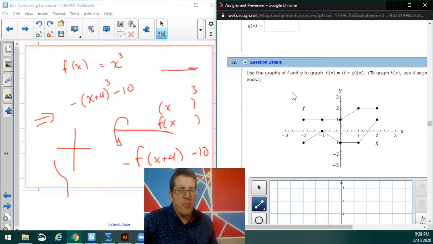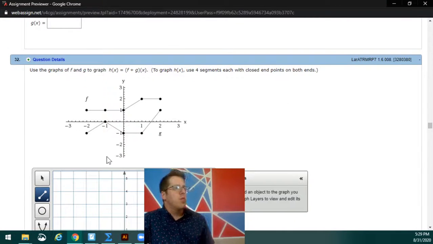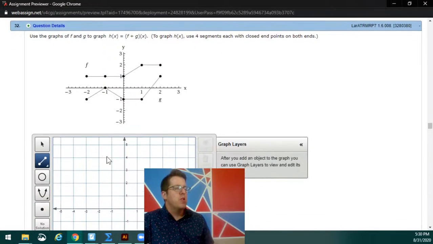Okay, next I'm going to look at problem 32, and I'm actually not going to need any scratch paper for this. Problem 32 is just asking me to add these functions together. So at each x value, I'm just going to add the y values.